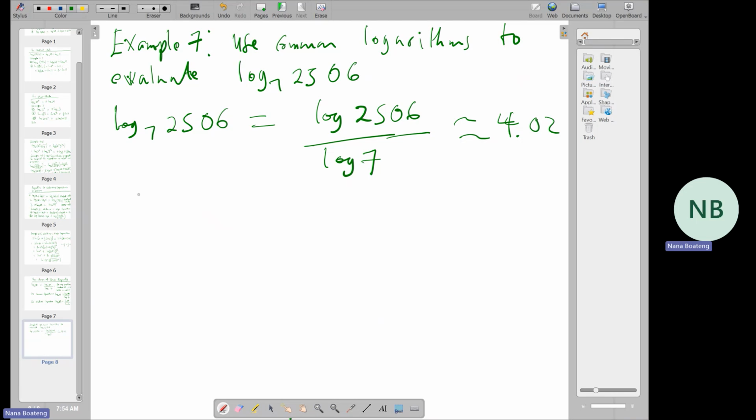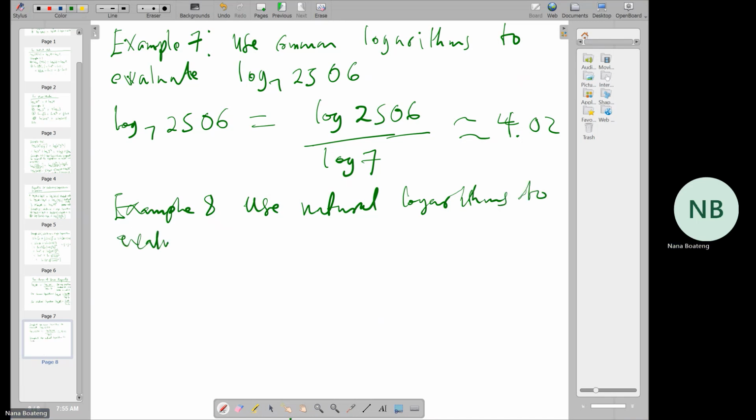Let's look at another example. This is example 8. And it's the same, but use natural logarithms to evaluate log to the base 7 of 2506.